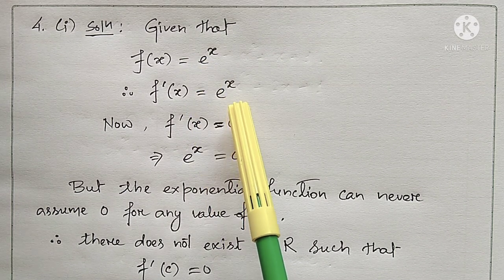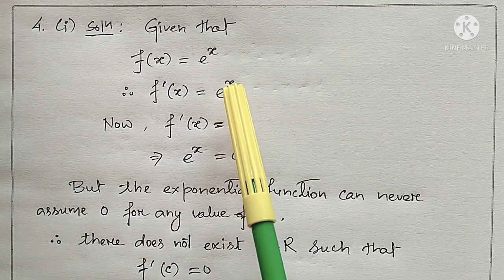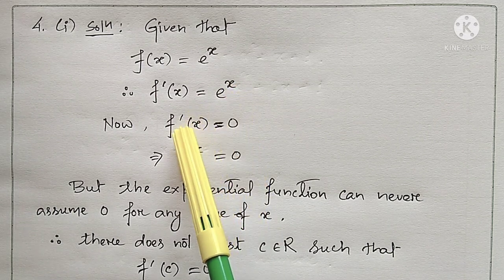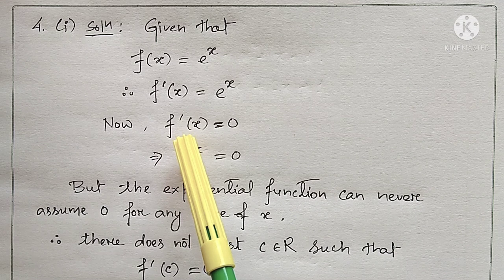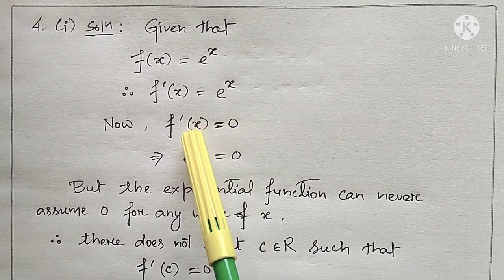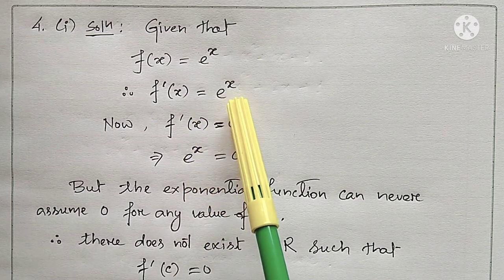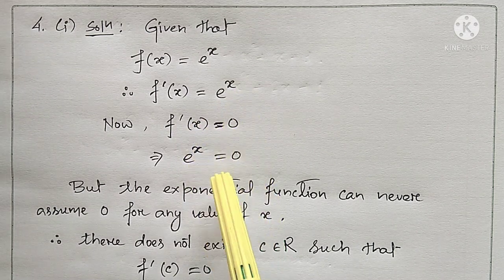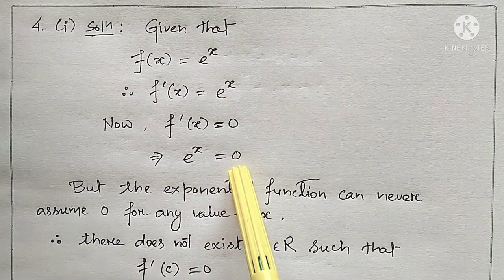The second step is we write f dash of x equals 0, and in place of f dash of x we write e to the power x. So e to the power x equals 0.